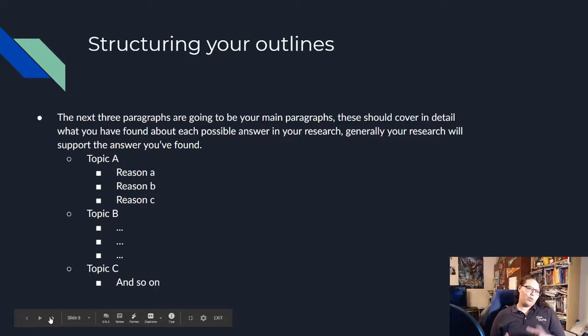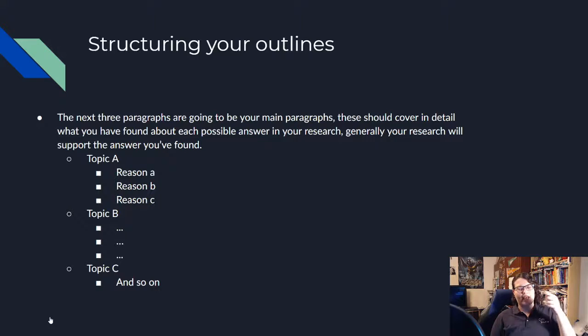Basically, with your main paragraphs, whenever you're outlining, you're wanting to have both the answer to your question and then reasons why that is an answer to the question that you've presented. You want to have support for your positing that specific part is an answer to the question that you have asked.